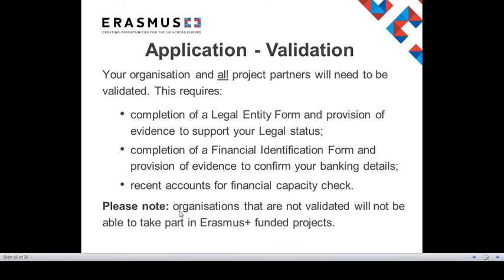The verification of the financial capacity does not apply to public bodies and international organisations. In cases of EU grant requests submitted by other types of organisations and not exceeding €60,000, you must provide a declaration of honour certifying that you have the financial capacity to implement the project. This declaration of honour constitutes a specific section of the application form.